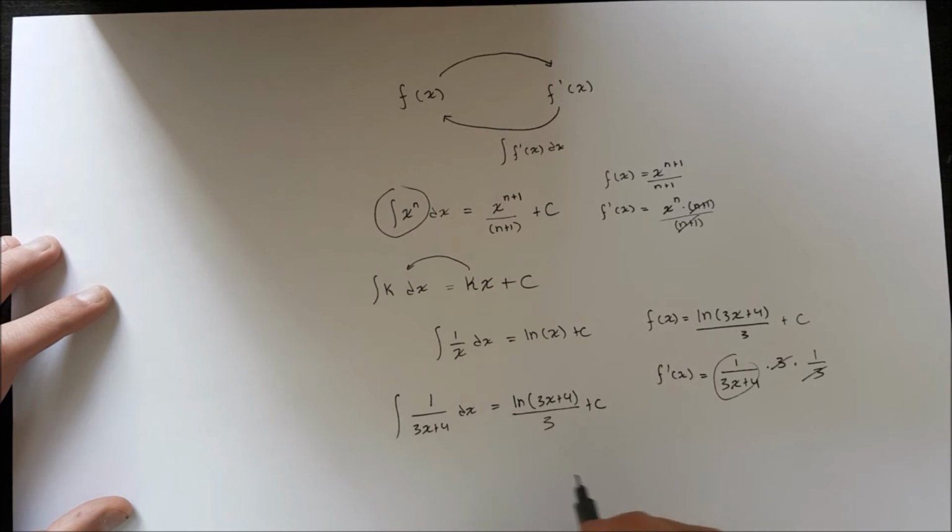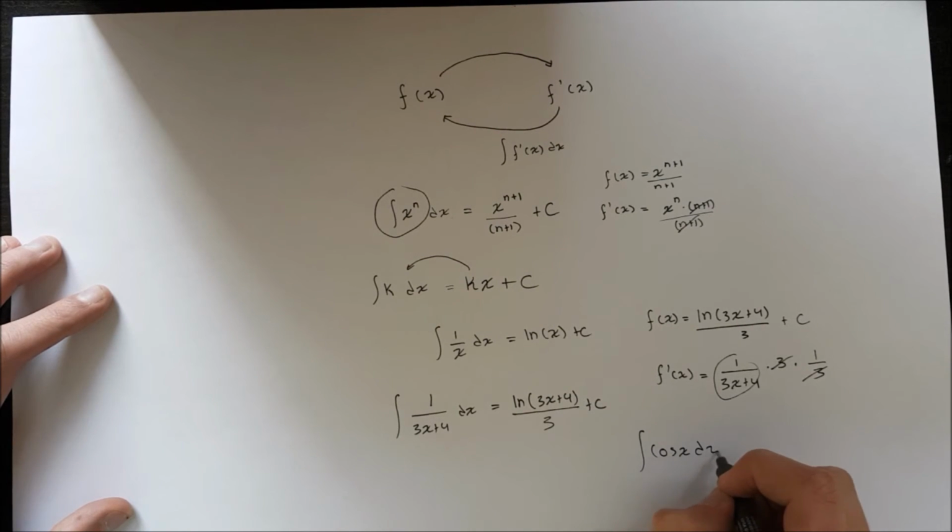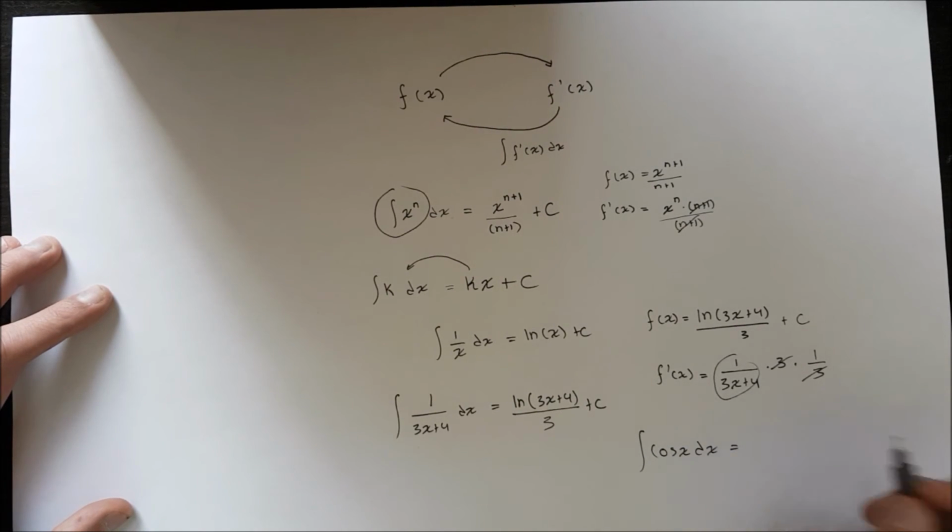A couple other ones. The integral of cosine x dx is just going to be sine x plus c, because taking the derivative, sine x gave cosine x.